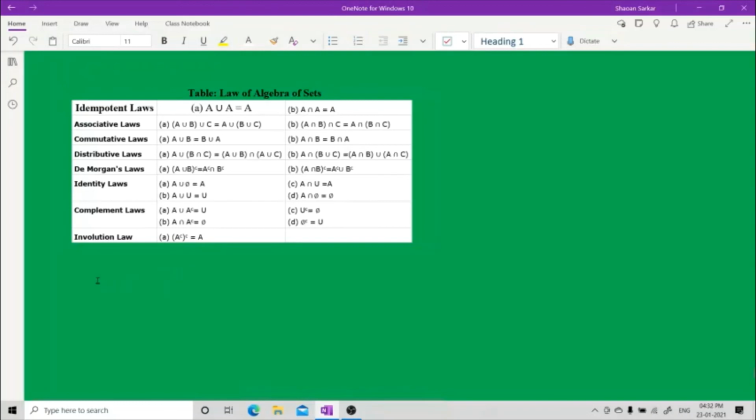Now let's see some very important thing. That is called your symmetric difference. Let me write it here.